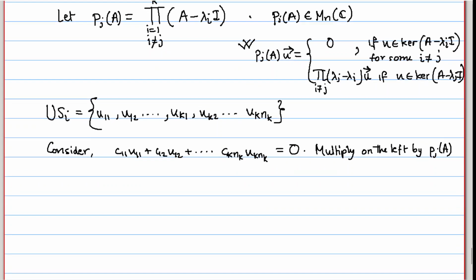Then for every i not equal to j, all of those terms will vanish.